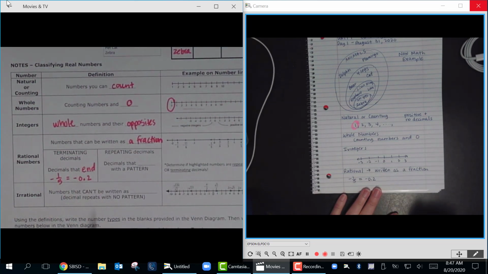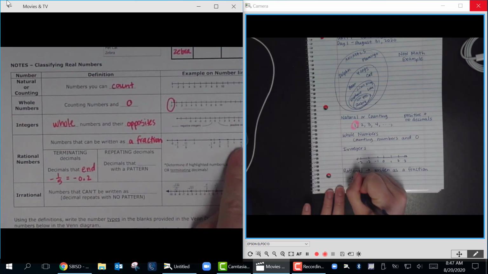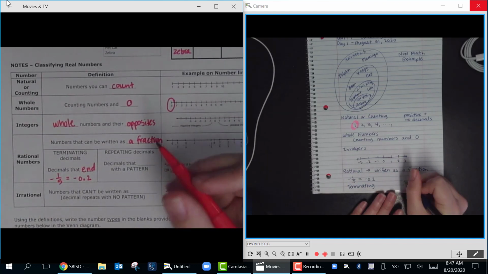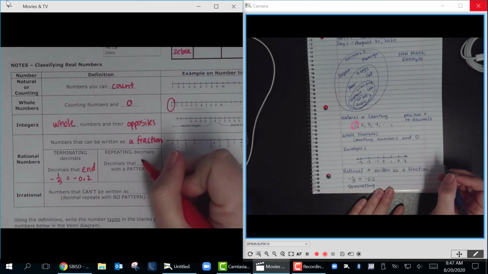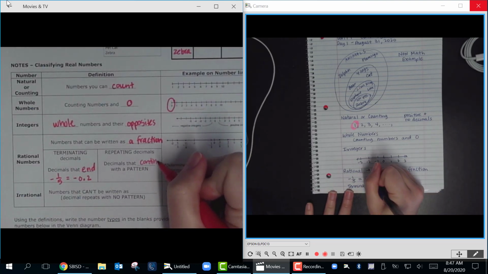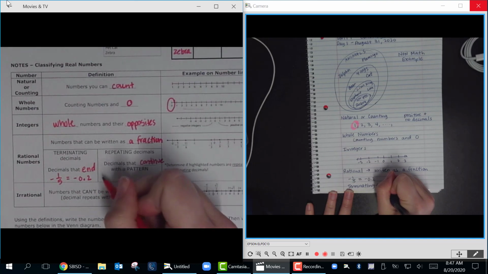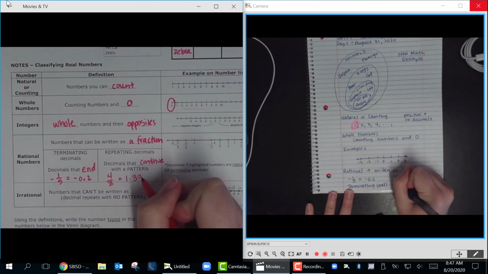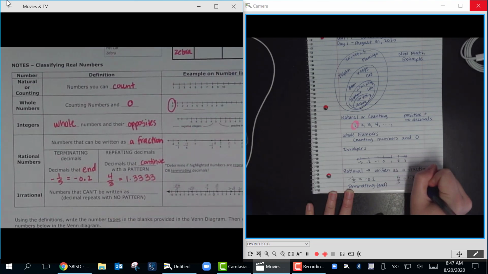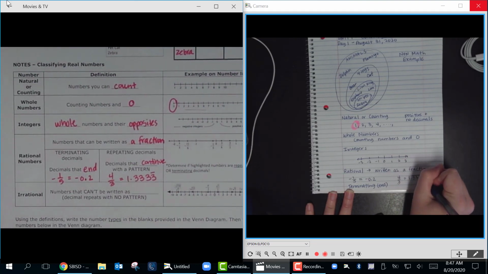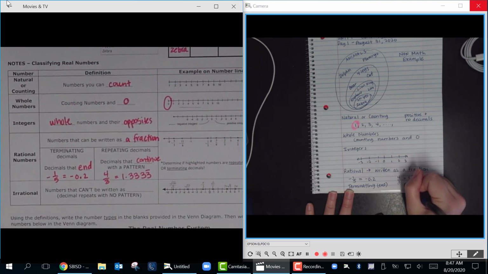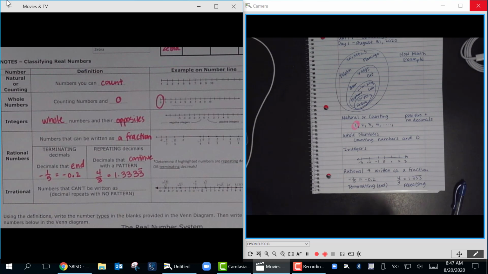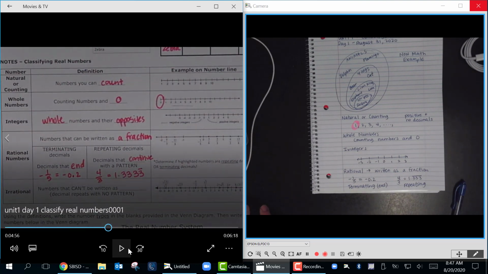That ends. Repeating decimals, like 4/3. Decimals that do not end continue forever with a pattern. So 4/3 is like saying 1.3333 and so on. And what do we do when it repeats forever? We put the line. So all of that is what you talked about in 6th grade, rational numbers.